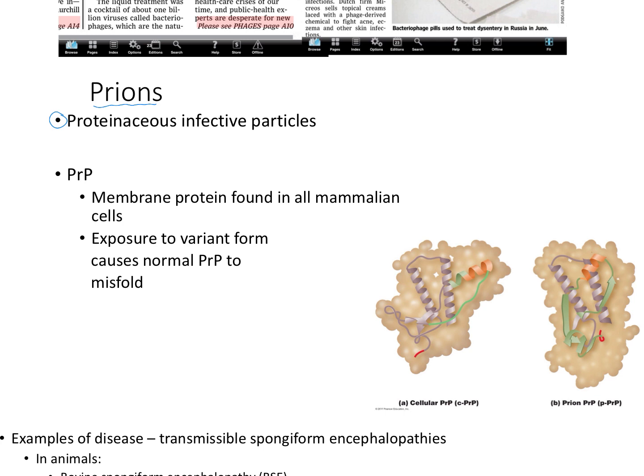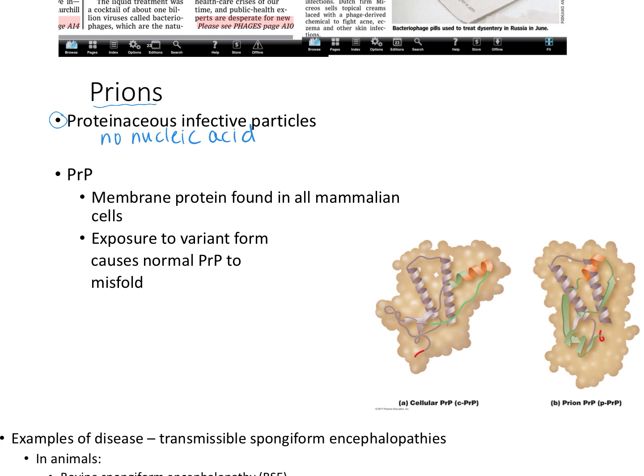This is a really mind-blowing thing, that there's something that can make you sick that's just a protein. There's no nucleic acid here. So the question is, how do they make more of themselves? If there's no genetic material involved, how can a protein make more proteins?